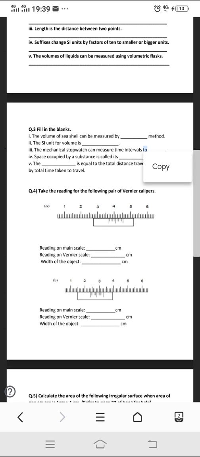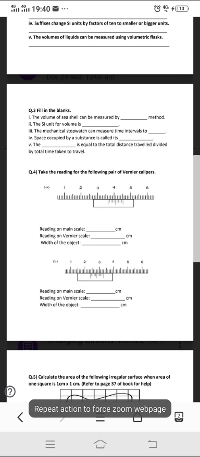And remember, the SI unit for any distance or any length is meter. So when you multiply meter three times, meter into meter into meter, that makes meter cube. That is how the SI unit of volume is meter cube, right? So you should be able to derive the formulas and the units.